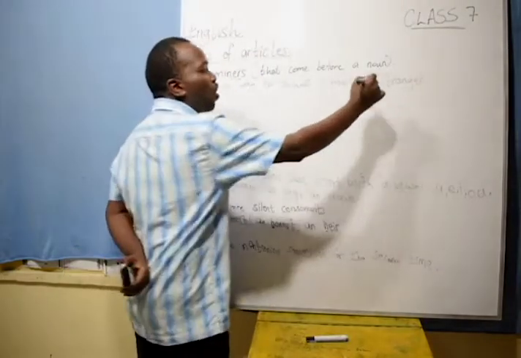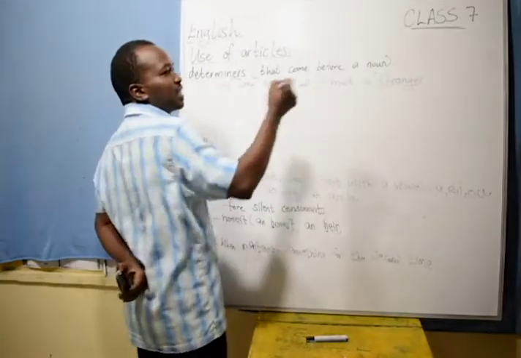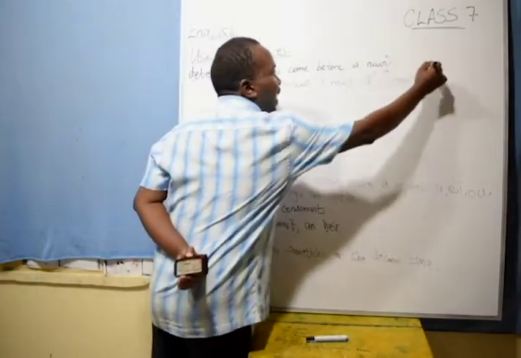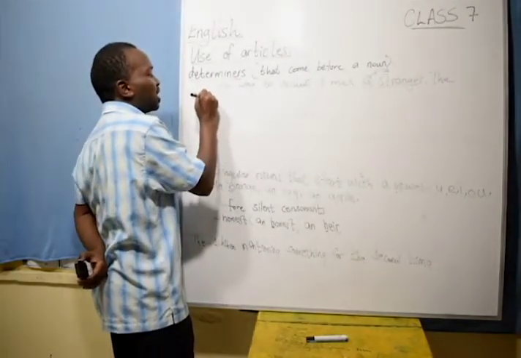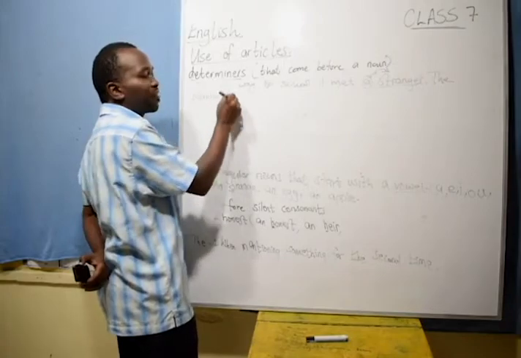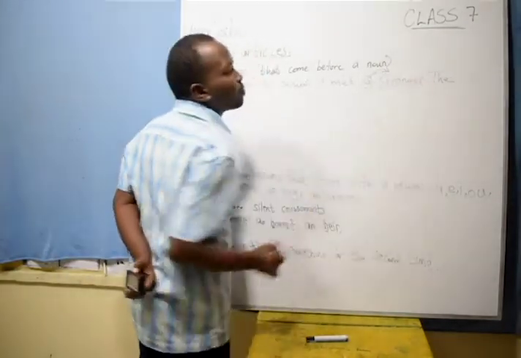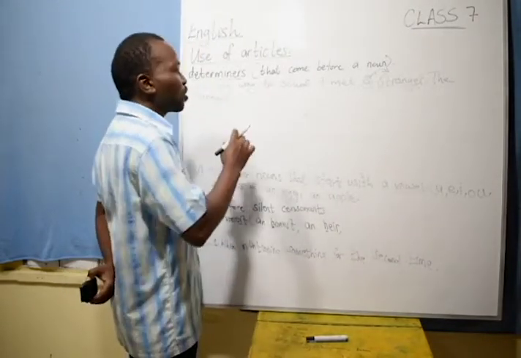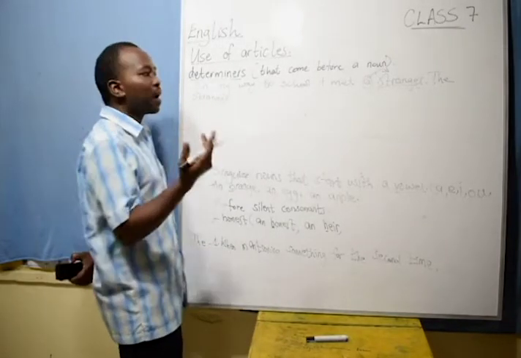If you want to go on with this sentence and describe this stranger, we're not going to say a stranger, because we already mentioned you met a stranger. The article that you use will be the stranger. You are not referring to any other, but to this particular one you had mentioned the first time. So you're going to say the stranger was carrying a heavy bag.